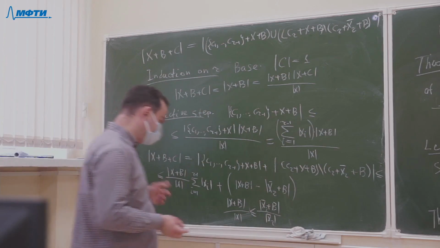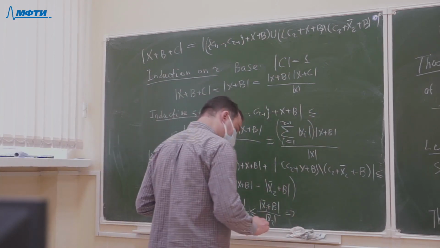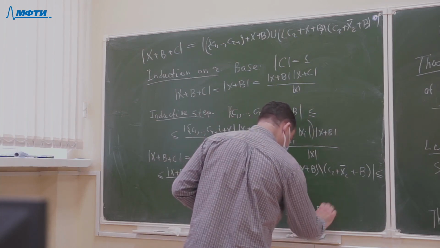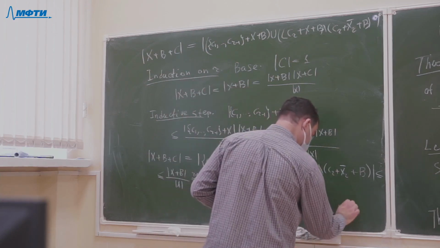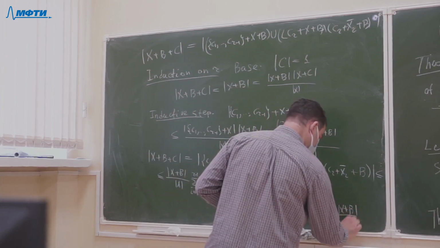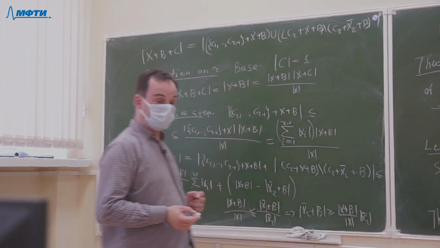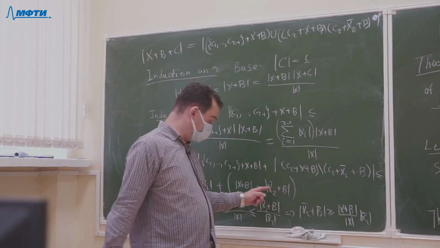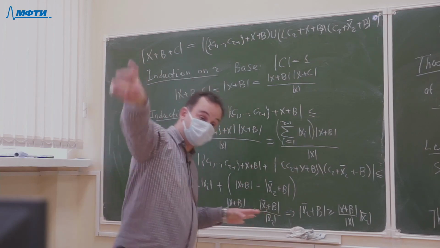Which means that X_r complement plus B is at least X plus B by X by X_r complement, right? So this is a lower bound for X_r plus B, but for minus X_r plus B it's an upper bound, right?